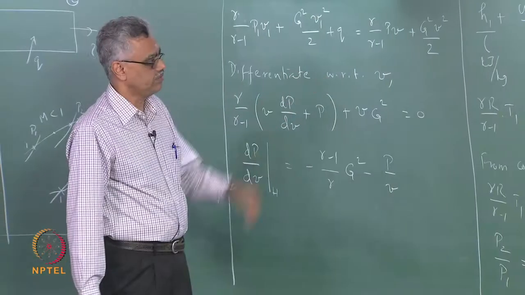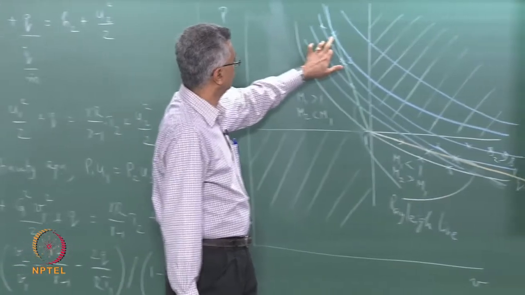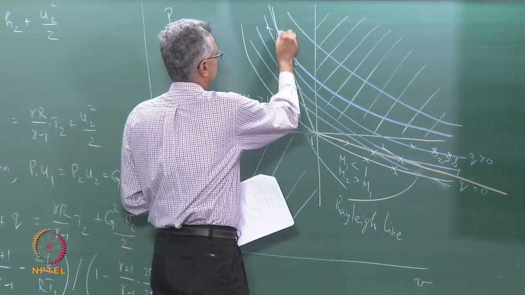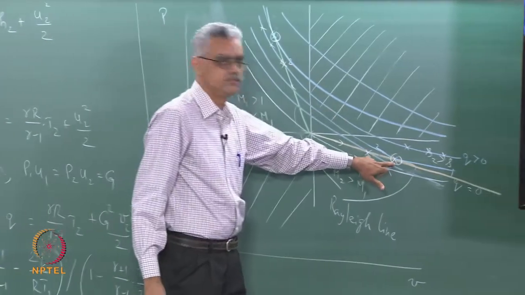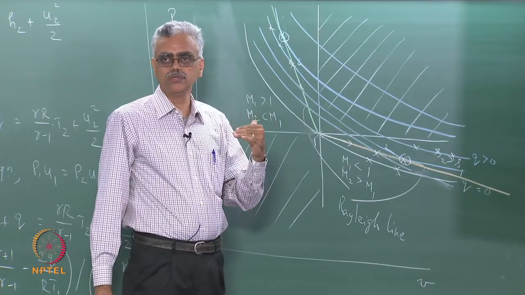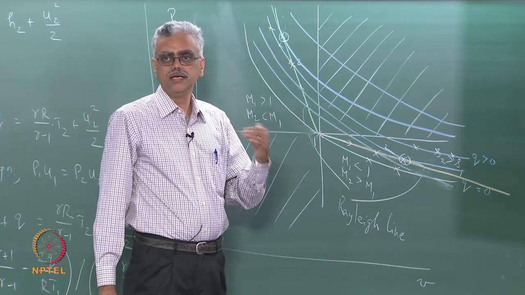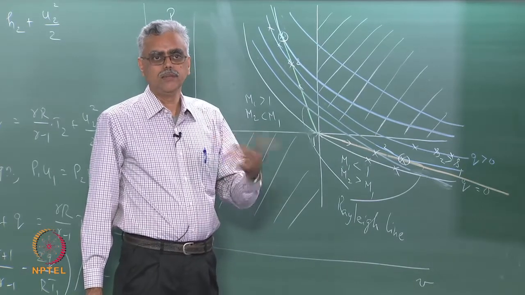Now at the point of tangency, which is this one here, let me show that with a circle. At the point of tangency, the slope of the H curve is equal to the slope of the Rayleigh line. And what is the slope of the Rayleigh line? Minus G square.